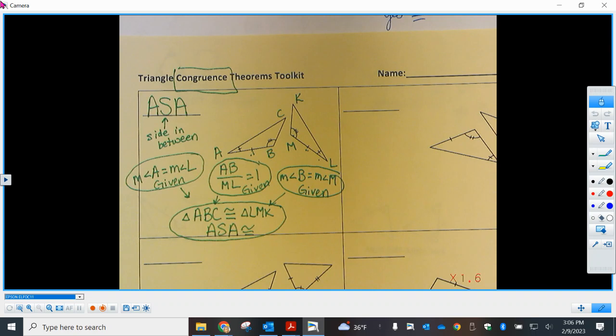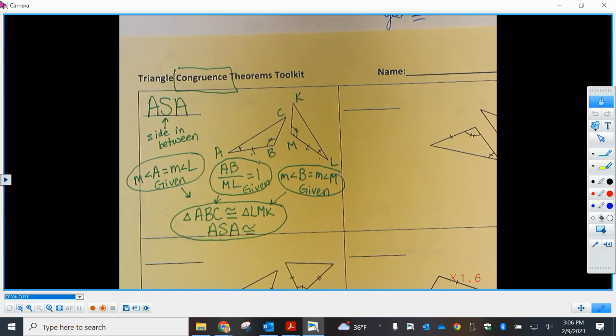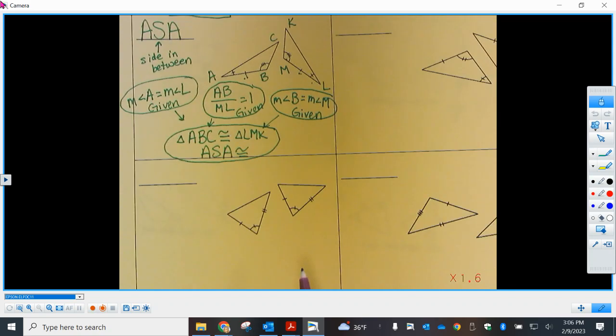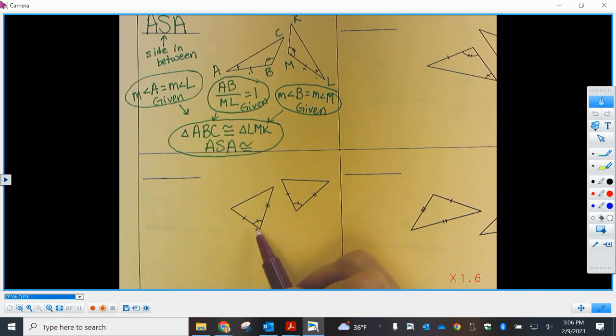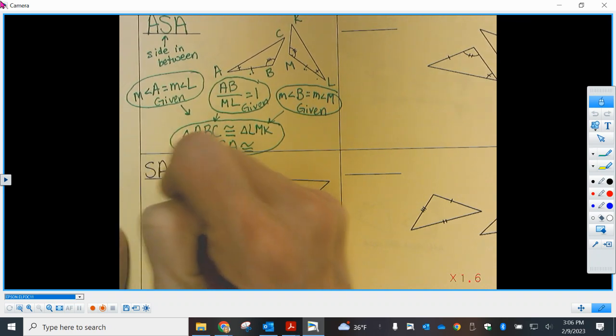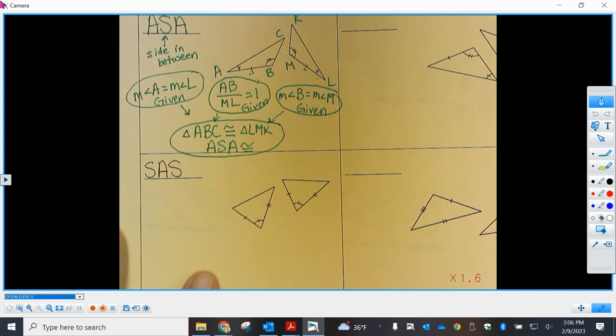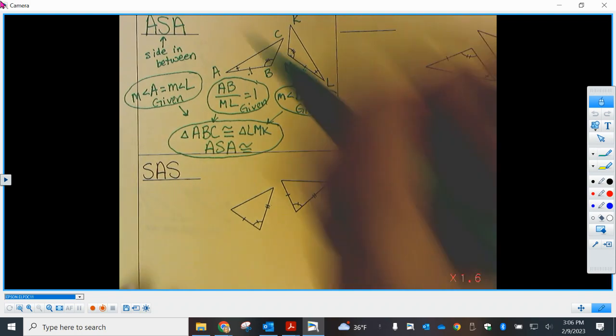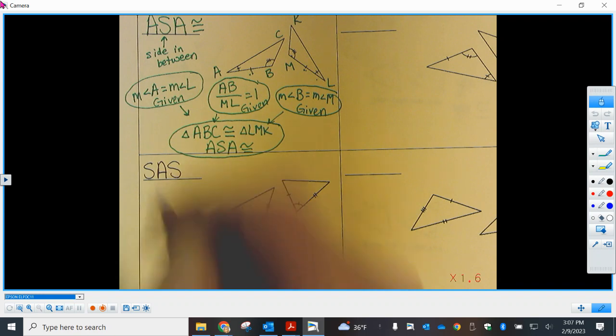Okay, the one we just did in class, discussed just now, the example that I did. I can see side, angle, side. Okay. Side, angle, side. Up here, I should have put congruence. Here, I should put congruence.